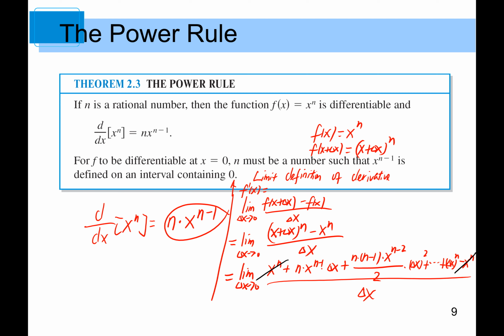So we divide through, and we take the limit as delta x approaches 0. The first term becomes n times x to the n minus 1, since delta x gets cancelled. Whatever remains will include delta x.